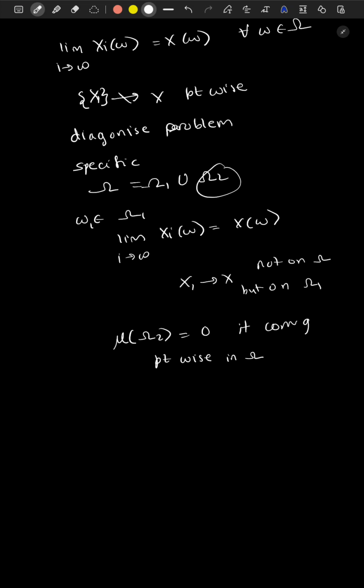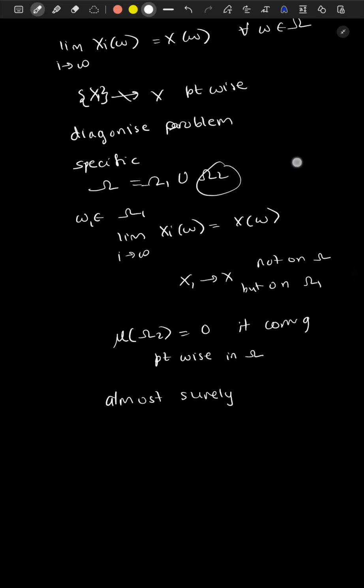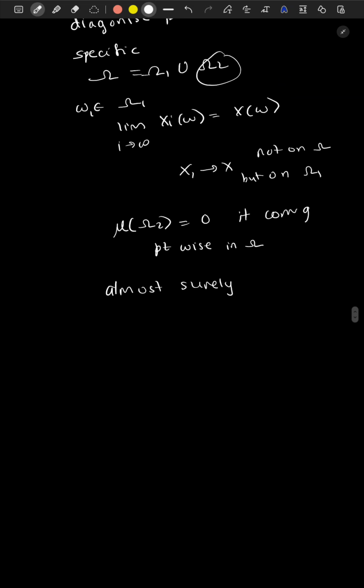So it is appropriately called almost surely, that it is almost there. The parts at which it is not there have measure 0. So I think this is a very fair generalization of pointwise convergence. We can say something converges almost surely if it converges pointwise on a measure 1 space.